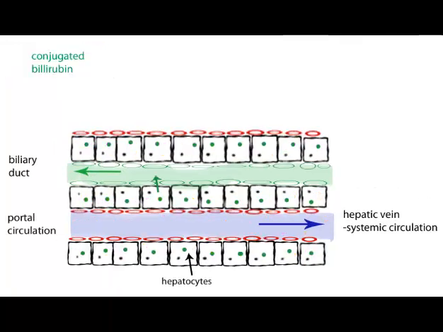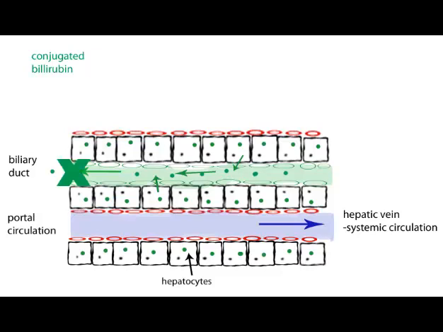As we showed before, on the other side of the hepatocytes sit the bile canaliculi, which are lined by their own special membrane. Into the bile canaliculi, these same hepatocytes secrete conjugated bilirubin, which goes in to form the main component of bile.